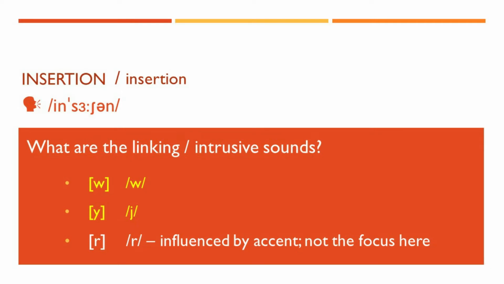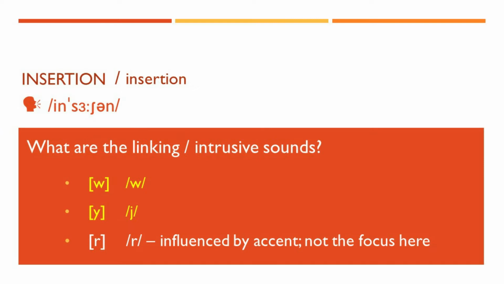Then there is a third sound that we sometimes insert into our speech. It is the R sound. The degree to which someone will include R sounds will depend on their accent. It's heavily influenced by a person's accent. However, this will not be our focus in this immediate presentation. We're going to be focusing on the first two, the W sound and the Y sound.